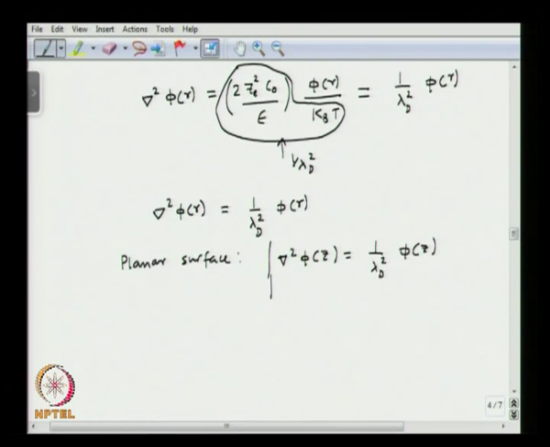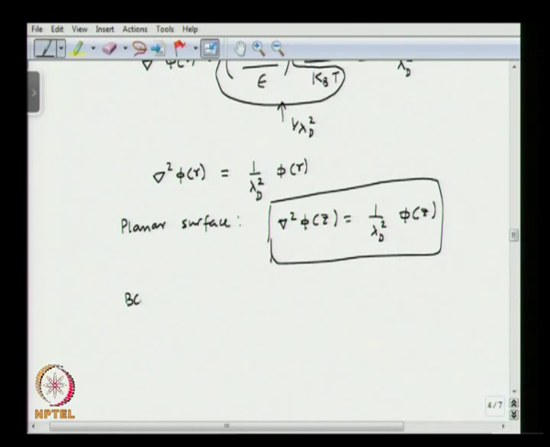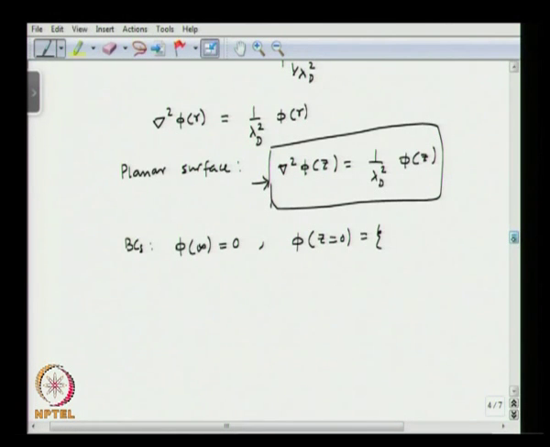Now to solve this equation we can apply the boundary conditions. The potential when z equals infinity will be 0, that is in the bulk liquid, and the potential at z equals 0 will be the zeta potential. If you apply that to this equation, we get an expression for the potential, which is zeta into exponential minus z over lambda d.